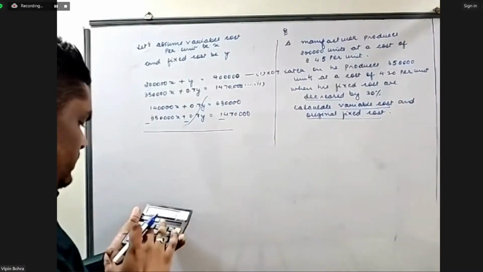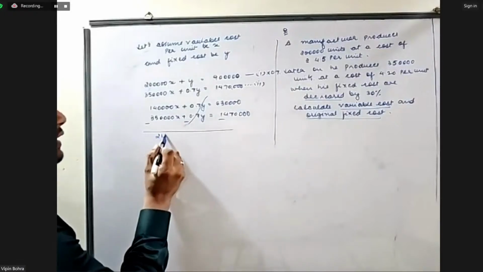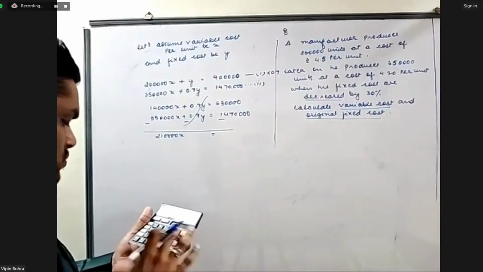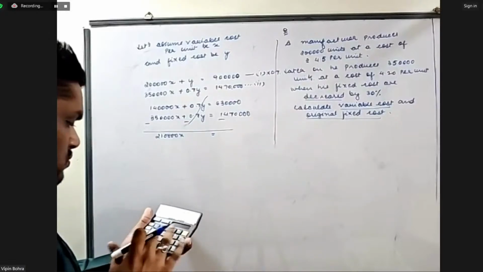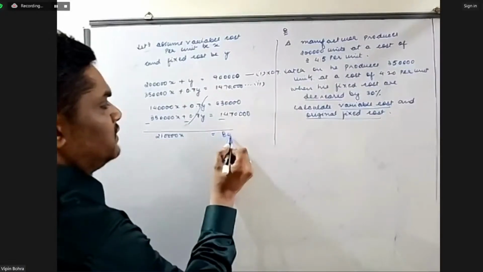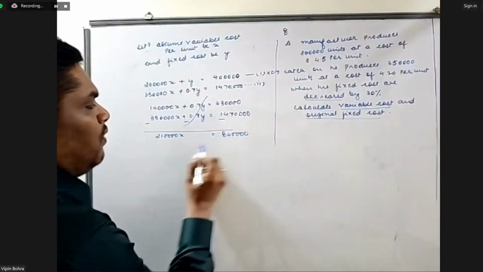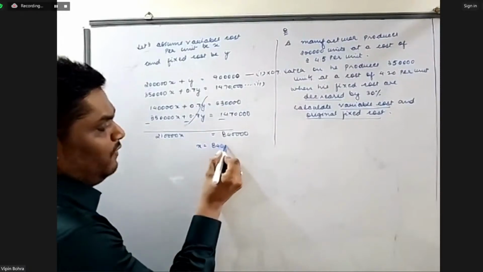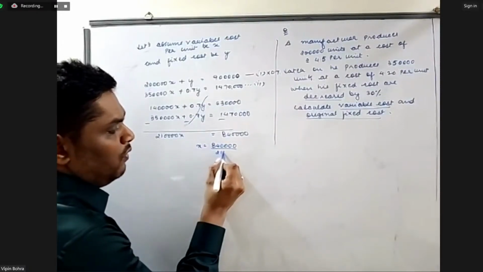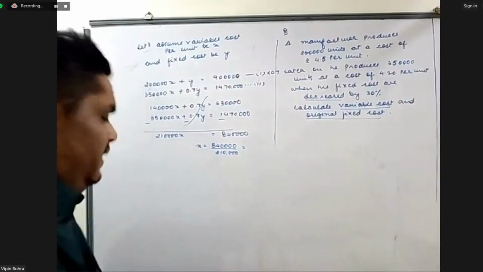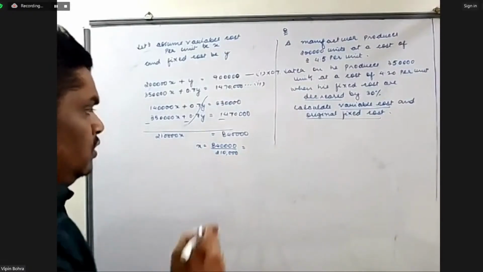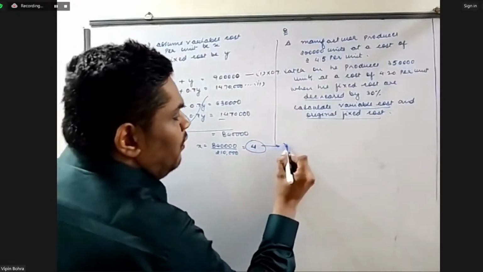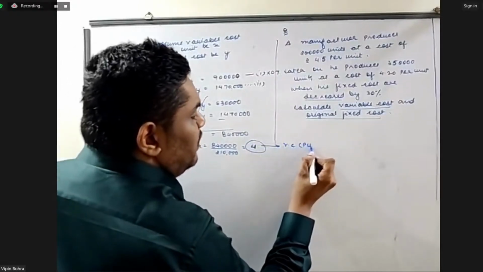So 140 minus 350. This will be 2,10,000 X should be equal to 8,40,000. So we can say X is equals to 8,40,000 divided by 2,10,000. So my variable cost per unit will be 4. This is what my variable cost per unit.